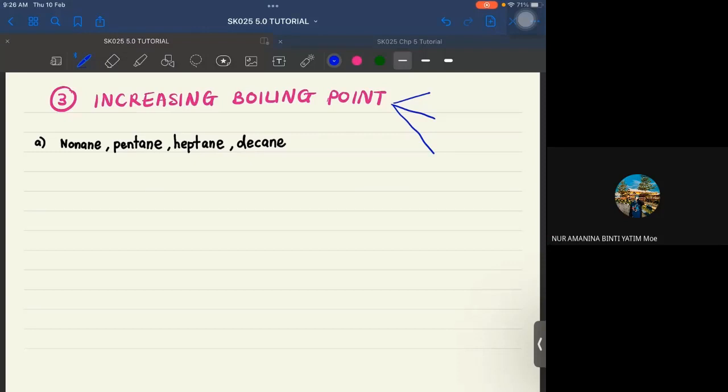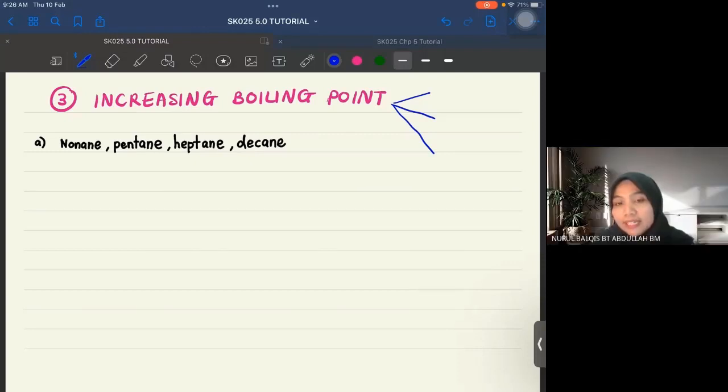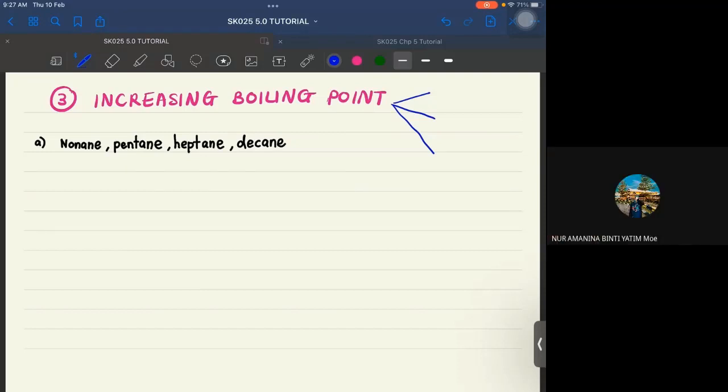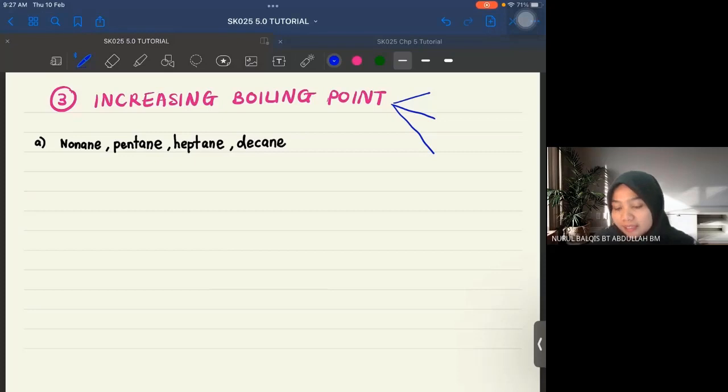Factors affecting untuk boiling point dulu. Ada 3.